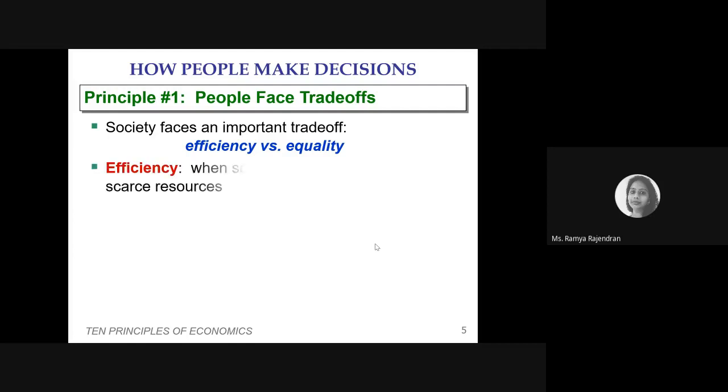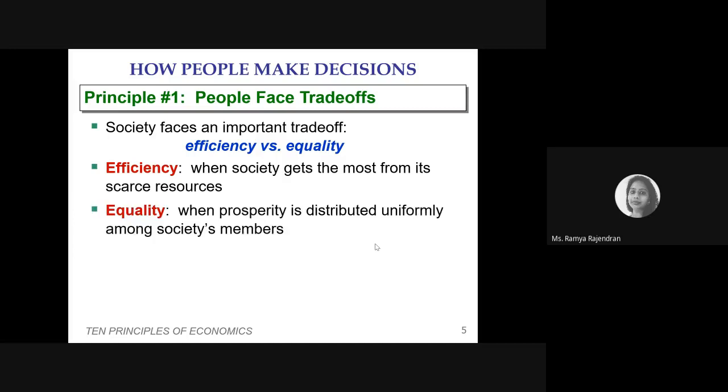So efficiency is when society gets the most from its scarce resources, achieving the objective with less. Equality is when prosperity is distributed uniformly, when everybody has equal wealth.